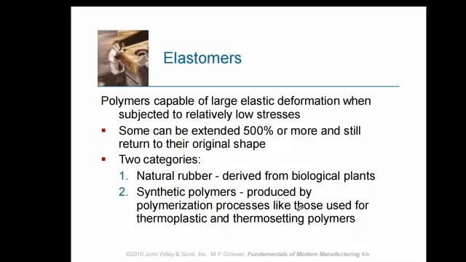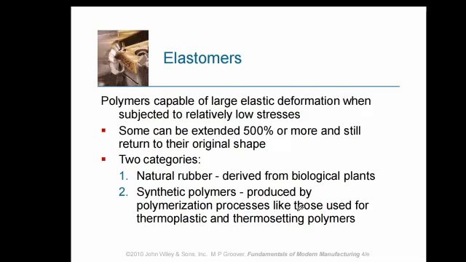Then the elastomers are another third group of polymers, and these are very elastic. If you subject them to low stress, they can stretch. Some can be extended to 500% or more their original length, and they can still return back to their shape.